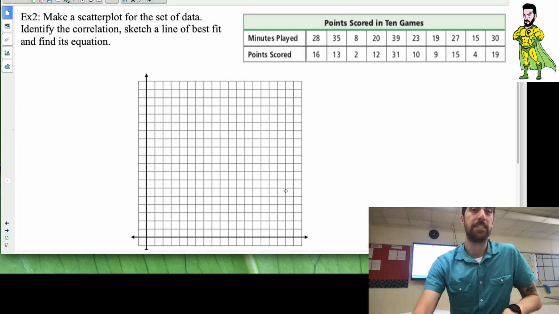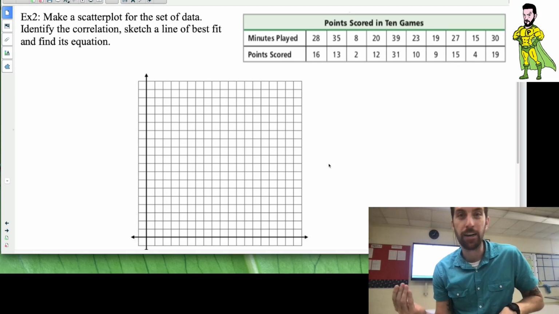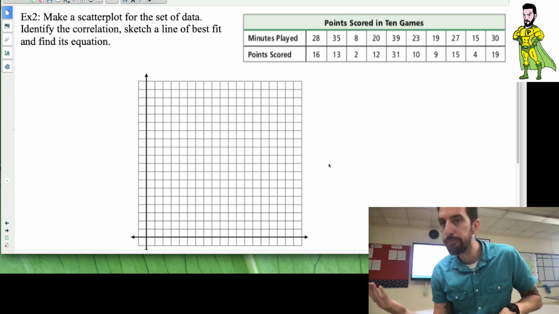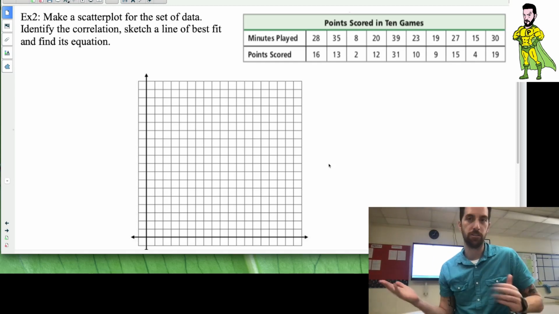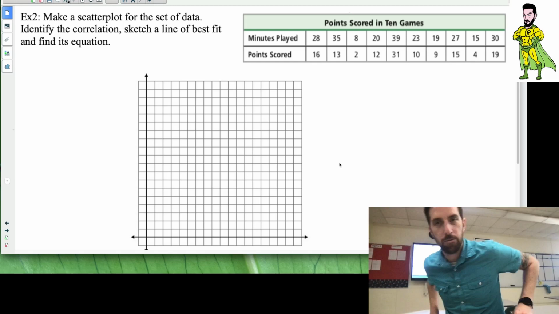There's also 19 going up and down, and our points scored is going to be our y-axis. So I see the highest point scored is 31. So we'll just go by 2s in every direction, and that would include everything. So let me see if this will work with me here.